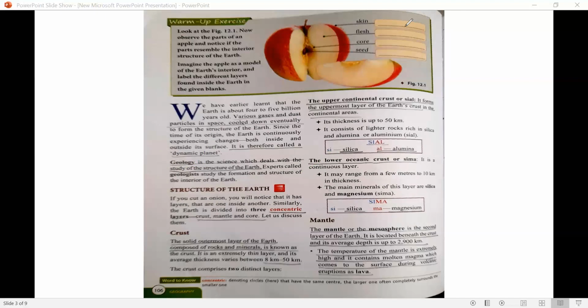Now, if we cut an onion, there's a very interesting example here. If you cut an onion, you will notice that it has some layers inside it. You also cry when you cut an onion.